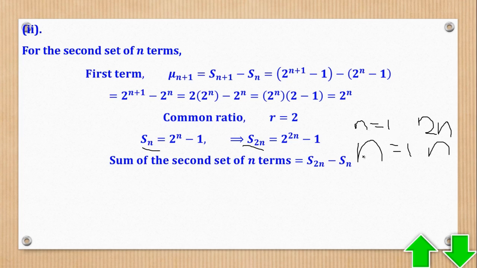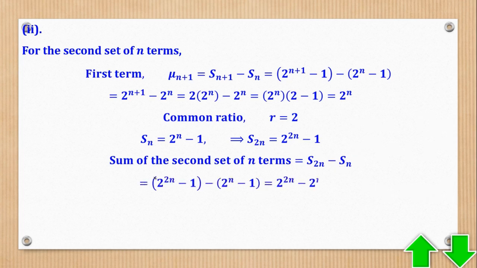Now if I want from n plus 1 up to 2n, it means I'll subtract. So S2n minus Sn, to give me the sum I want.